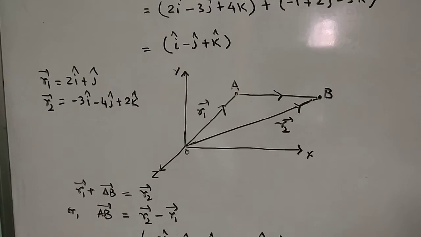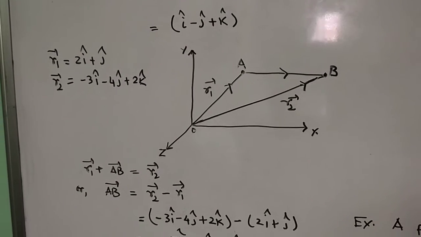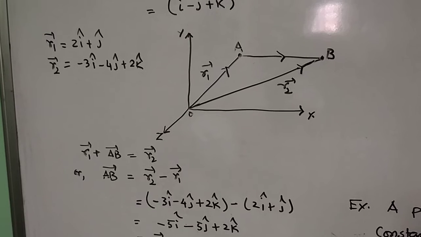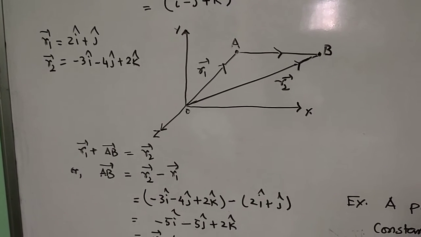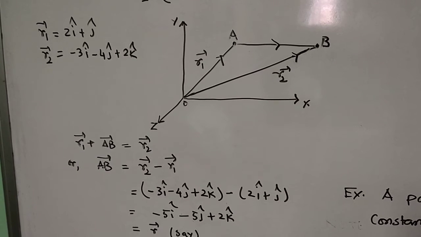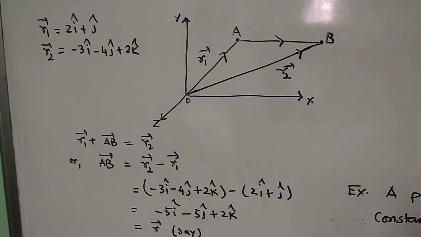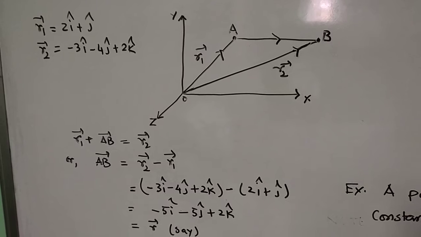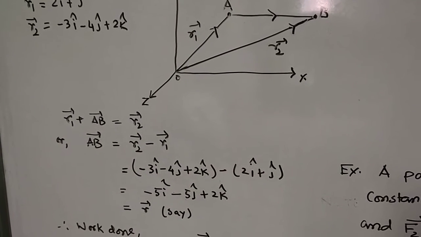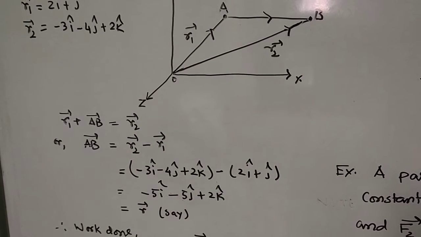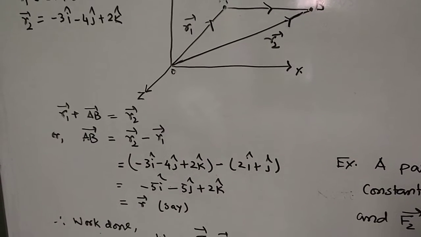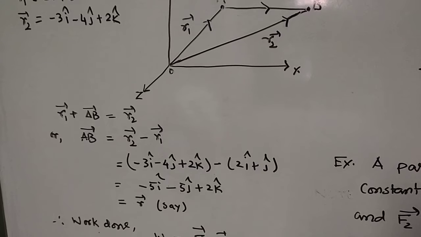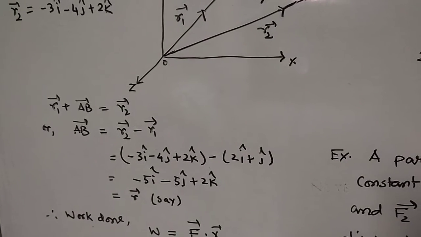So AB vector comes out to be R2 vector minus R1 vector. R2 vector is given as minus 3 i cap minus 4 j cap plus 2 k cap, minus 2 i cap plus j cap. On simplification, minus 3 i cap minus 2 i cap, so minus 5 i cap, minus 4 j cap minus j cap, so minus 5 j cap, and plus 2 k cap.